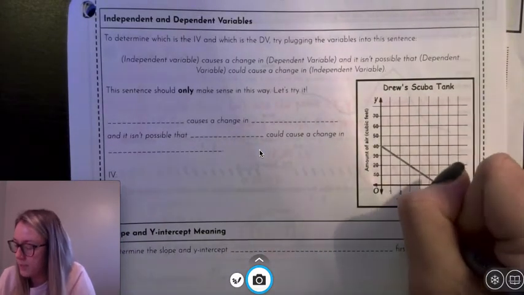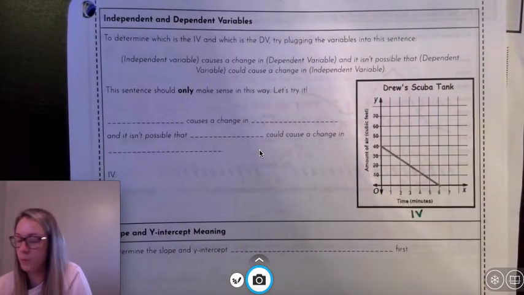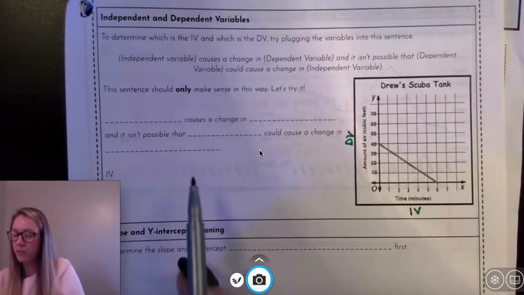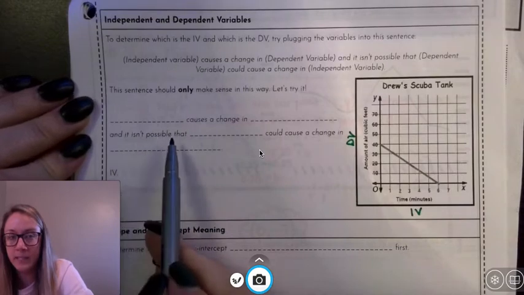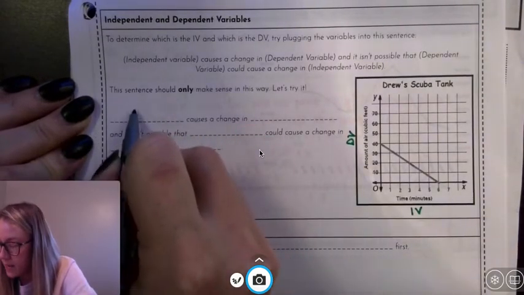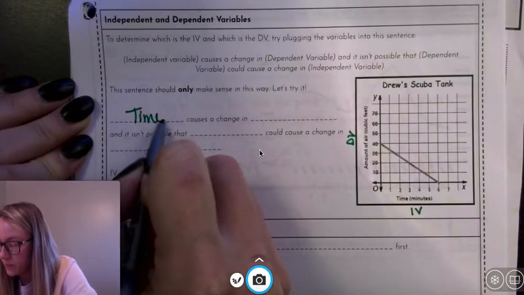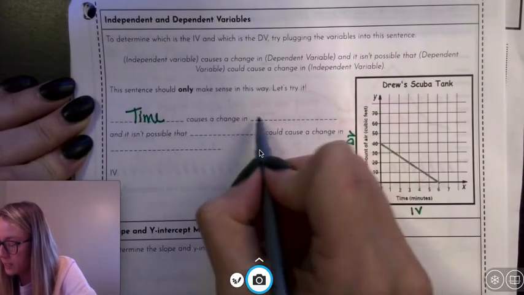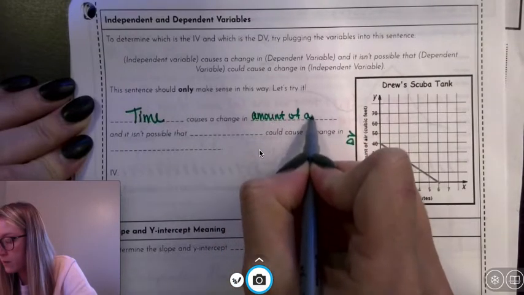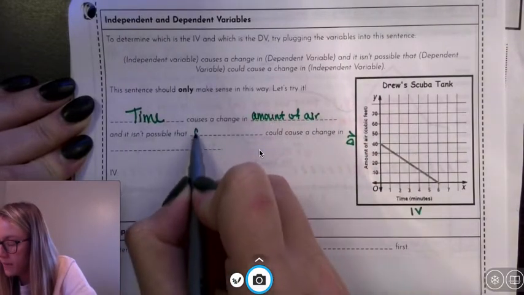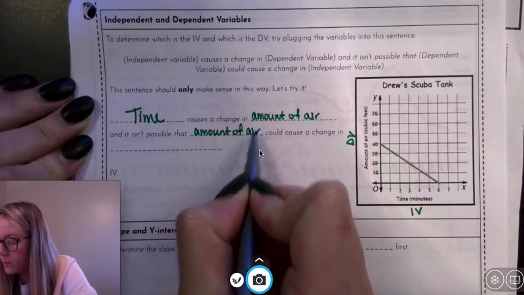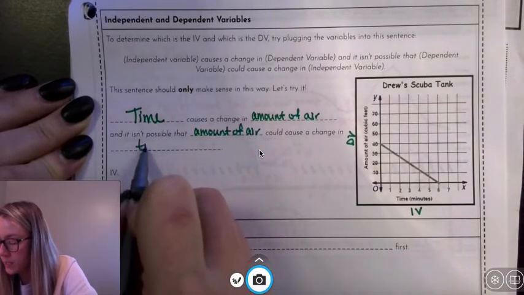And so I'm going to label that down here. That's my independent variable, which means this is my dependent variable. So we're going to fill in the blanks here. We're going to say time causes a change in the amount of air, and it isn't possible that the amount of air could cause a change in time.